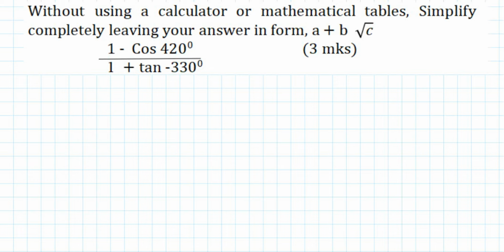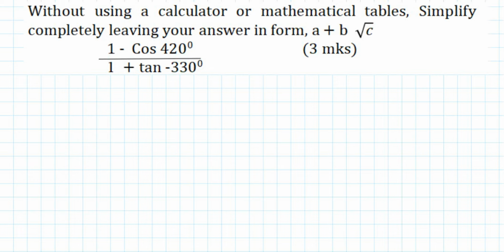So we also need to apply the same content about the trigonometric ratios of the special angles. We just need to ask ourselves, for example, when you look at 420, which acute angle does 420 carry? So we know that 420 carries the acute angle 60 degrees. And now 420, we ask ourselves, in which quadrant is it going to be? 420, we know, is going to be in the first quadrant. So since 420 is in the first quadrant, it means all its trigonometric ratios are also positive.